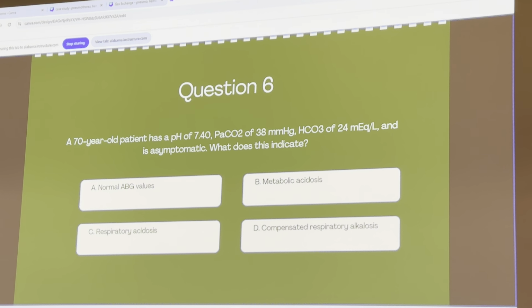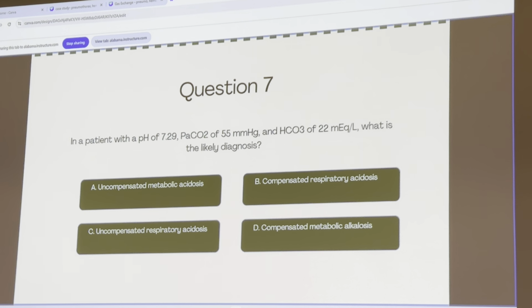pH of 7.29. Low, right? CO2 of 55, high. Bicarb of 22. It's technically normal, but I'm low. All right, so normal. Based off of this, what am I considering? Respiratory acidosis, right? pH is too low, CO2 is too high.